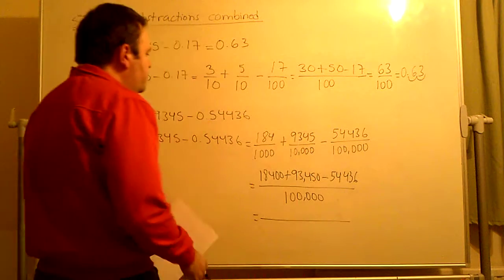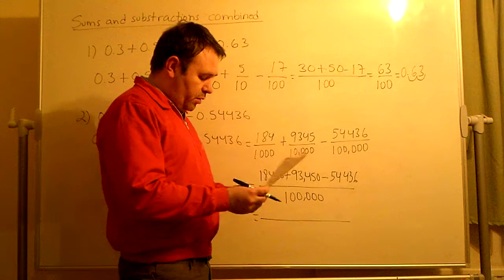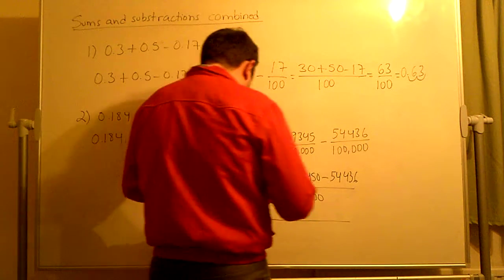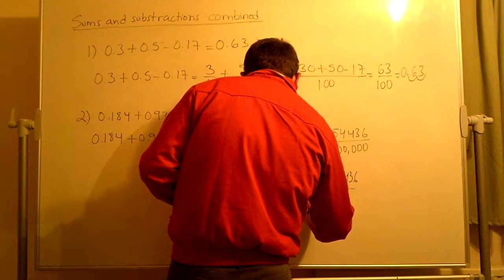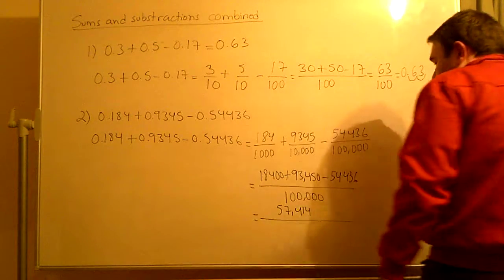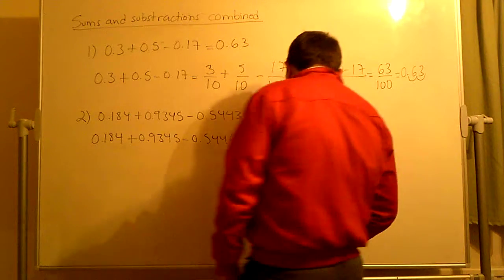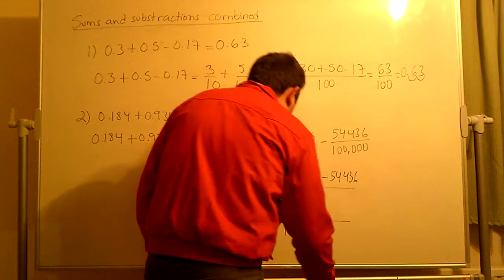And now, if we add these two numbers and then we subtract this one, the final result would be 57,414 divided by 100,000.